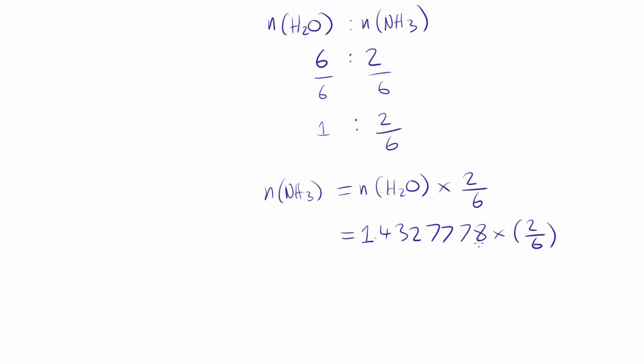And if you have a go at working that out, you should find that you get 0.4775926. That's going to be moles, right? Okay, so we have the number of moles now.